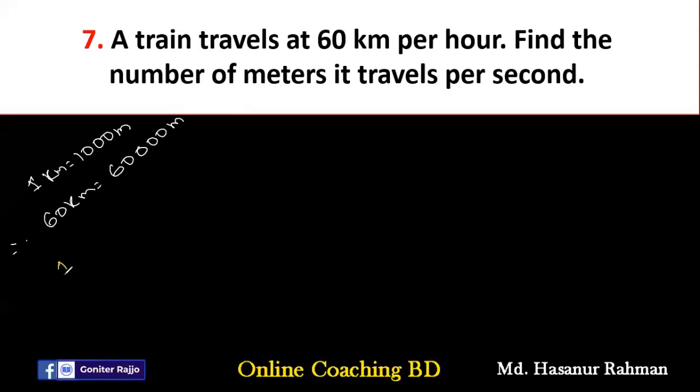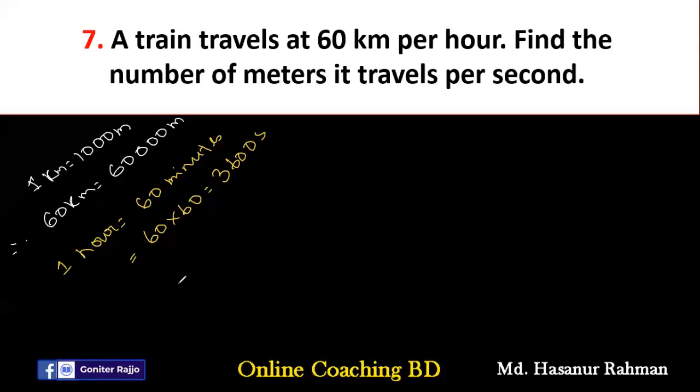And 1 hour is equal to 60 minutes. Okay. So if we convert this minute into seconds, then we have to multiply 60 by 60, and the final answer will be 3600 seconds. Now the question asks you to find the number of meters it travels per second.